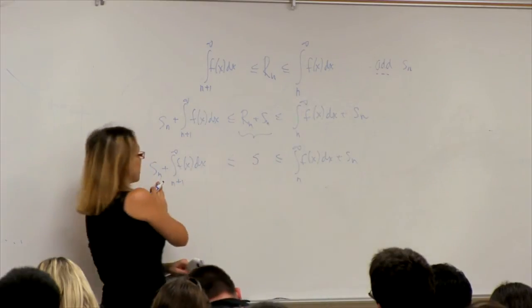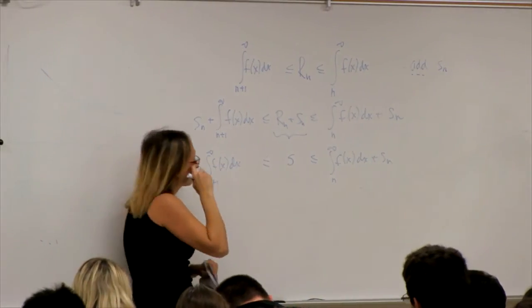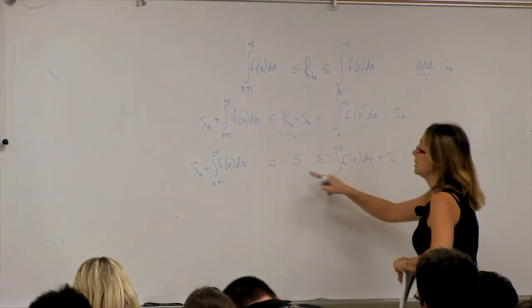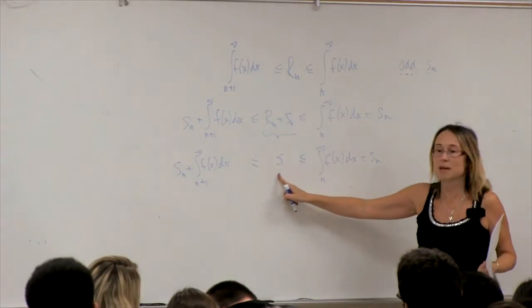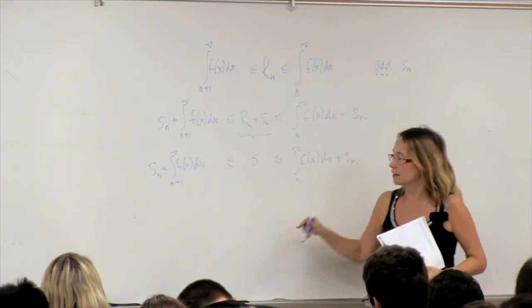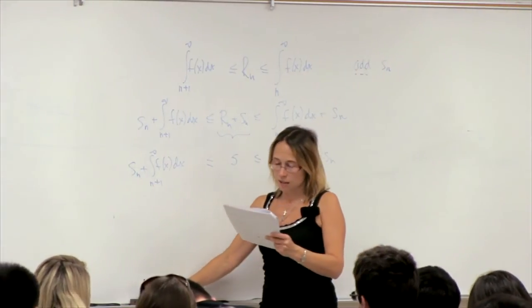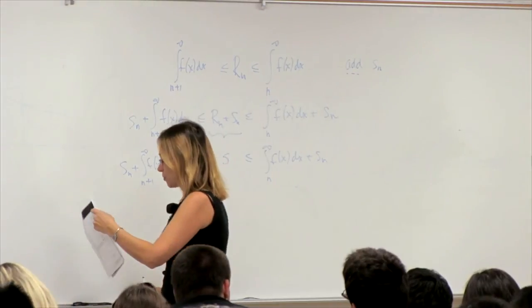Because this quantity contains a finite sum plus an integral that I can calculate. Here I have a finite sum plus an integral, and here I have this expression that I may not have a formula for. This is my infinite summation. Okay, so I obtain the bounds for it, which are very useful.